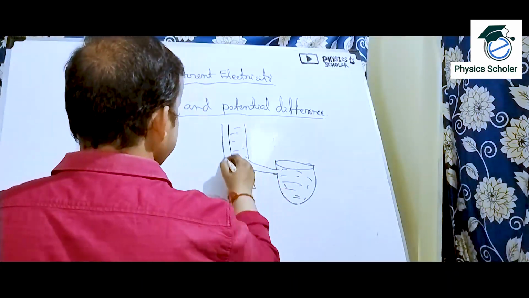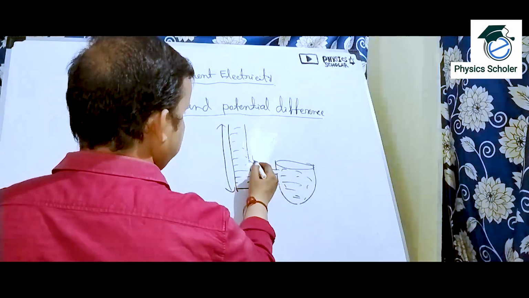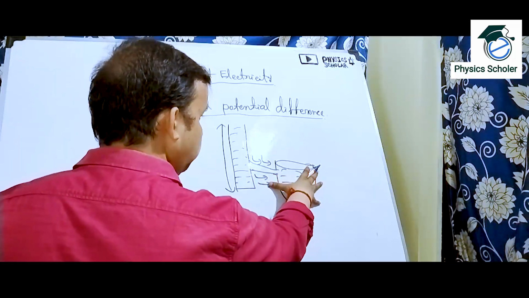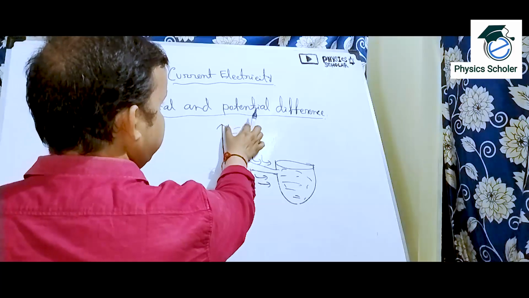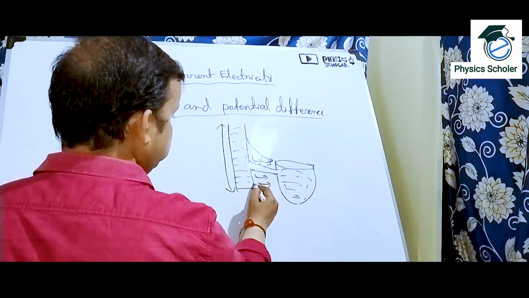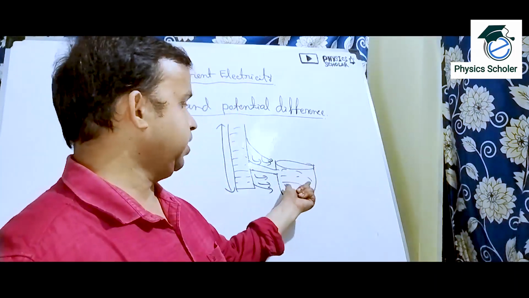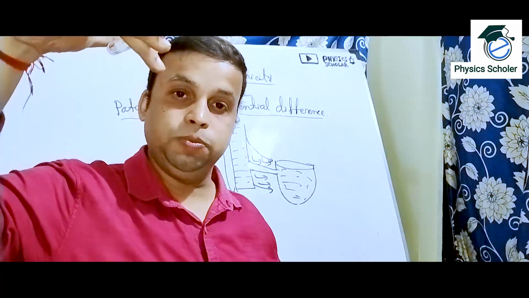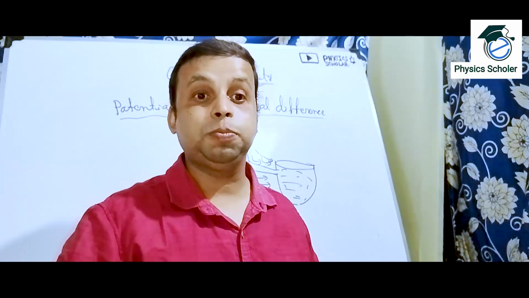Here the amount of water in the bucket is more, but as the height of the water column is higher in the tube, the water will fall from the tube to the bucket, from higher to lower. So that is nothing but what you can compare to potential.